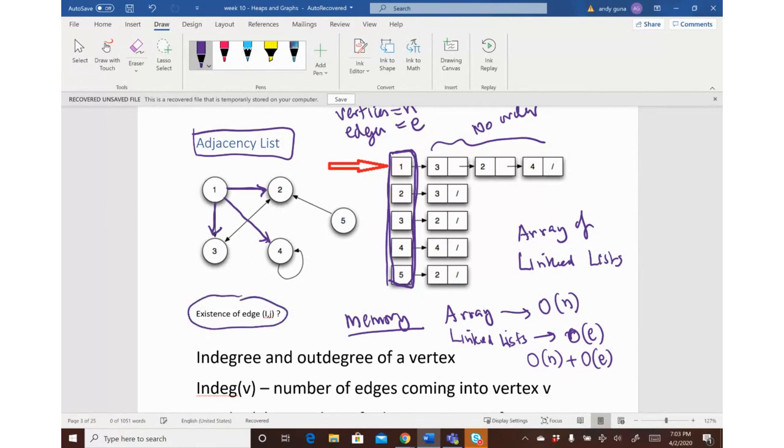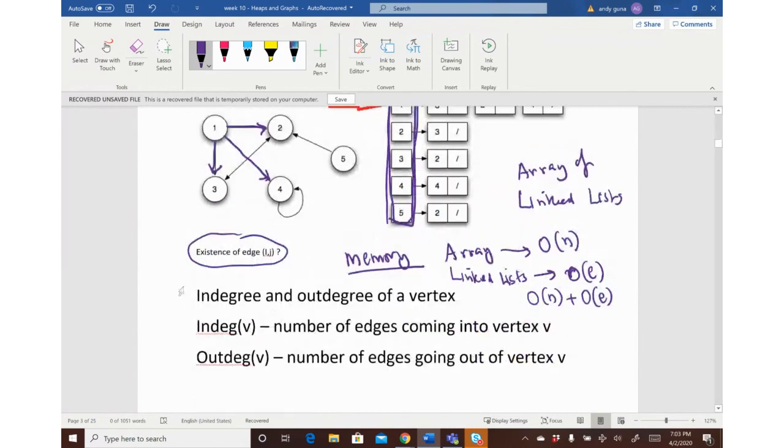Now, existence of an edge ij. What is the cost of finding whether there's an edge ij in this list representation? Okay, just a minute for you to think about that.